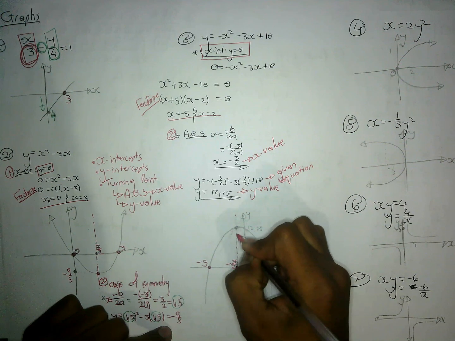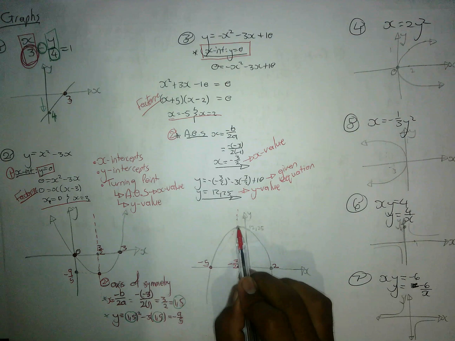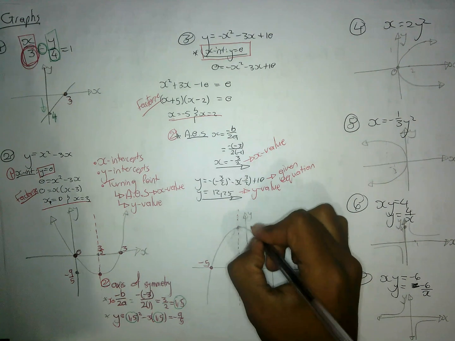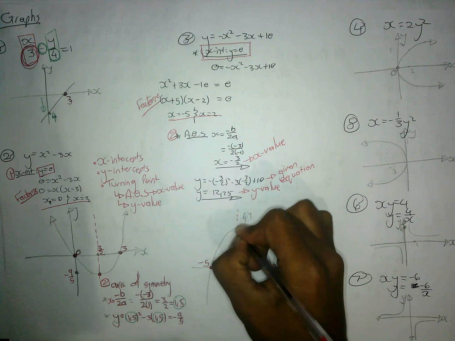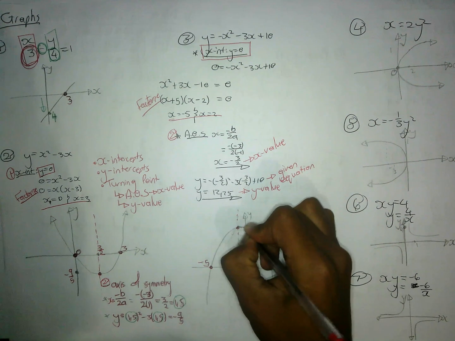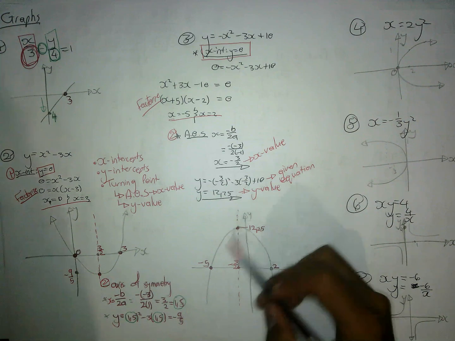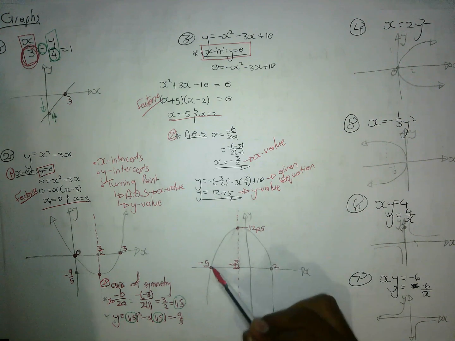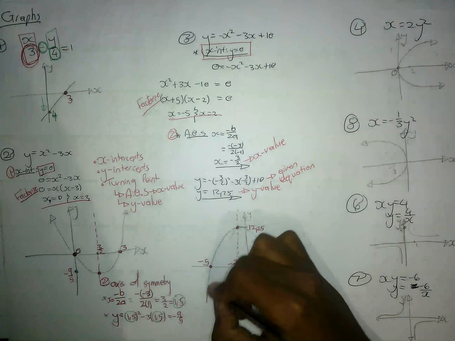Then we go up. Our y value is 12.25. So we plot our point. We plot these points first, this one also, then we can draw our curve.